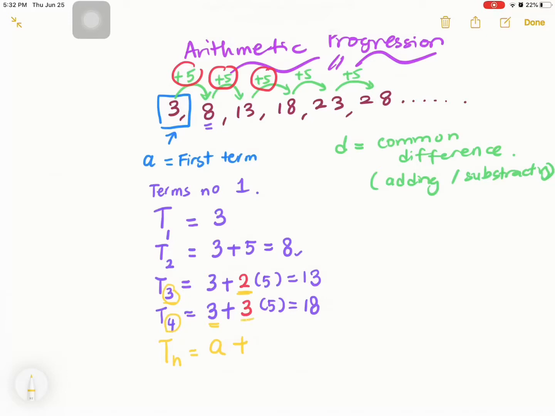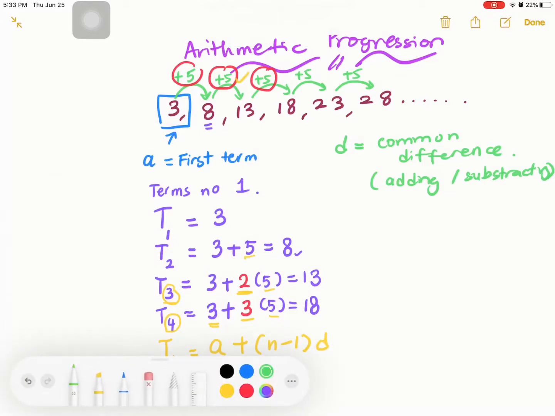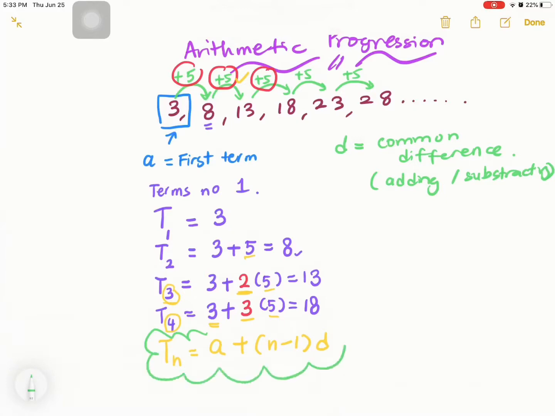So for the formula, we can say it is n minus 1 times 5, which is actually our D, times D. Now kids, that is your formula of arithmetic progression.